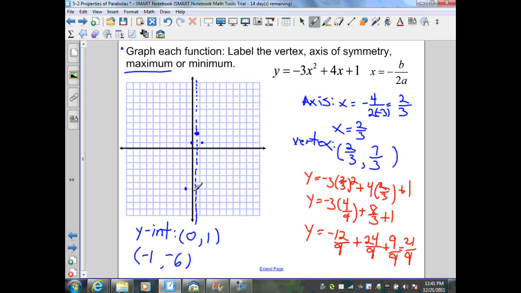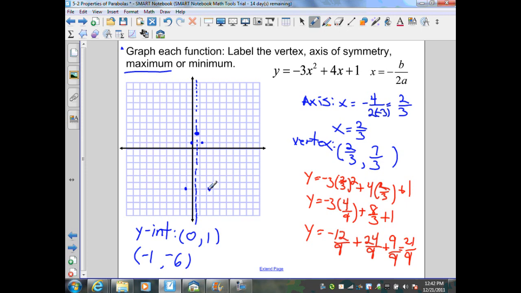that ordered pair is 1 2/3 units away from the axis of symmetry. So I need to go 1 2/3 units away to the right. From here to here is 1/3. There's my 1, and I need another 1/3 approximately right here. And that would be 1 2/3 units away.